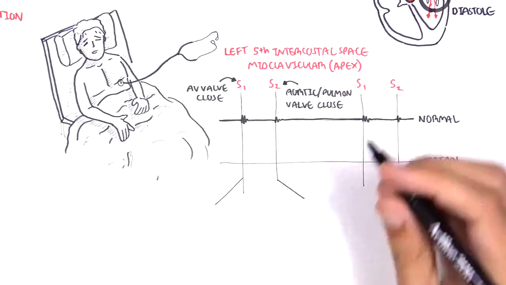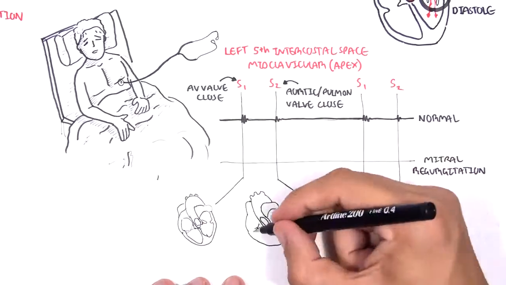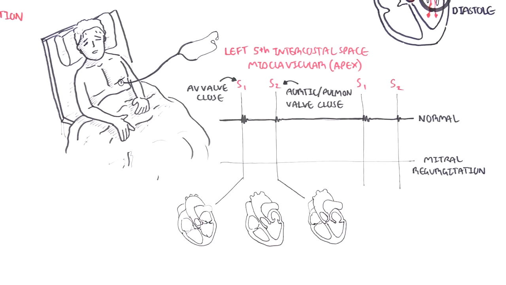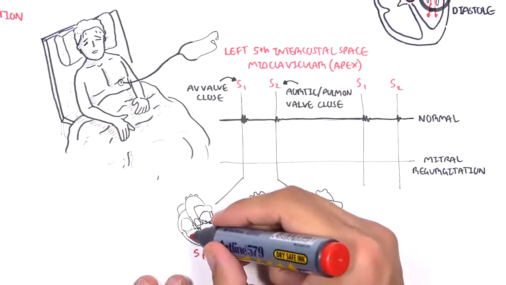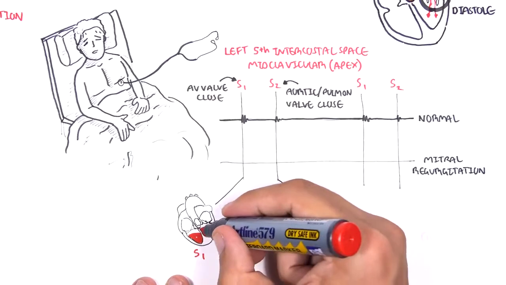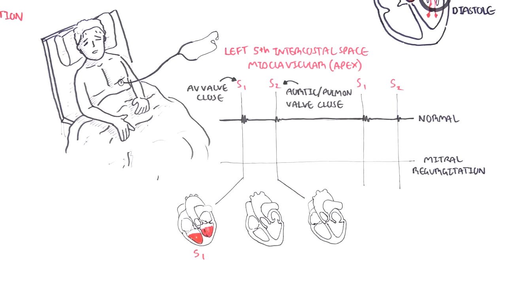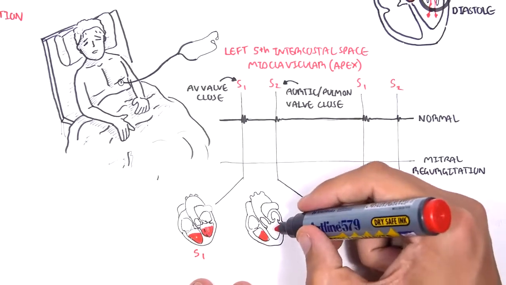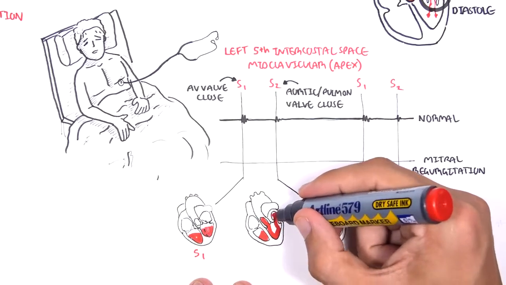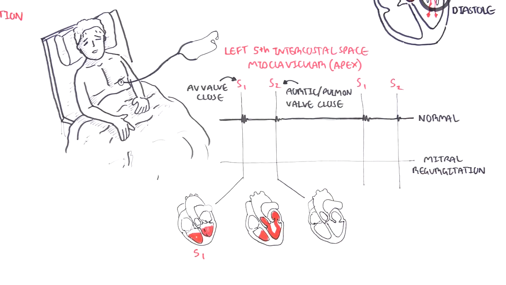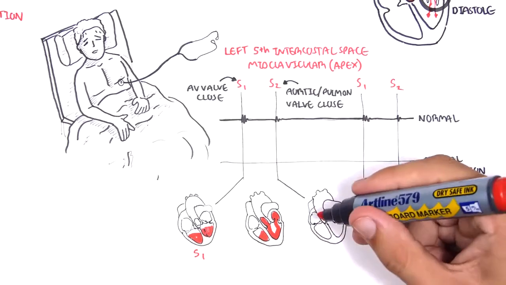Drawing these sounds out, we can divide it into 3 parts. S1 is when your atrioventricular valves are closing and blood is in the ventricles. The ventricles begin to contract. Between S1 and S2, your ventricles contract so hard that it pushes blood through the aortic and pulmonary valves.